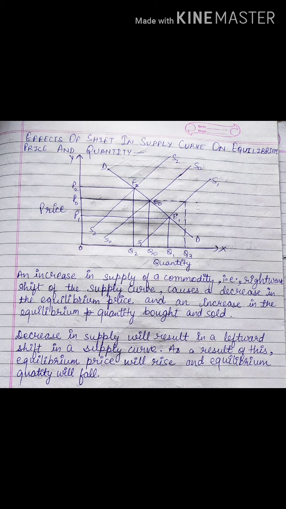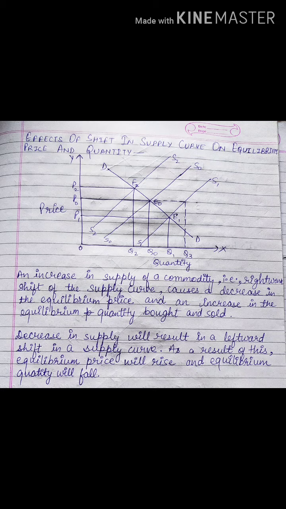Now after that, if I shift my supply curve towards right, that shows the increase in supply of a commodity. So a rightward shift of the supply curve means an increase in the supply of a commodity. Now what will be the result? It will cause a decrease in the equilibrium price.